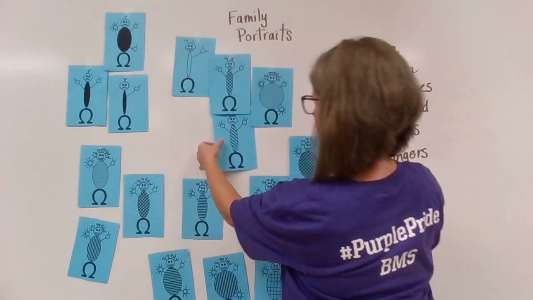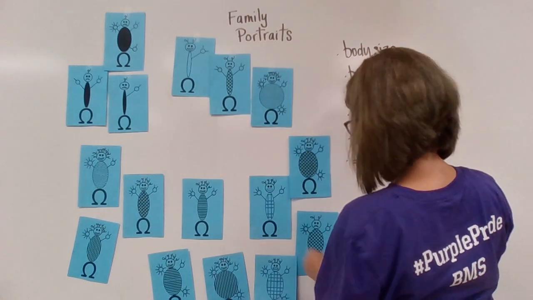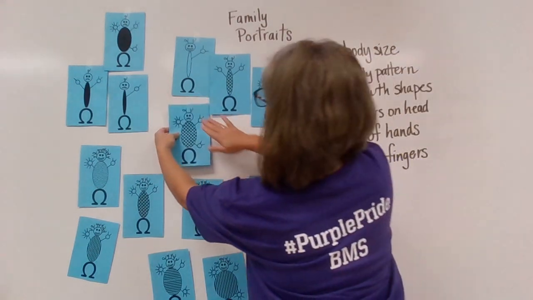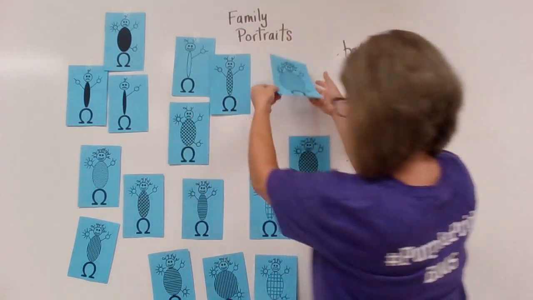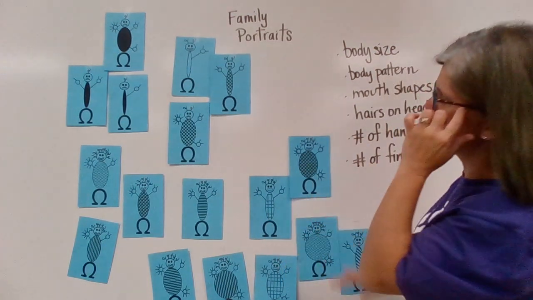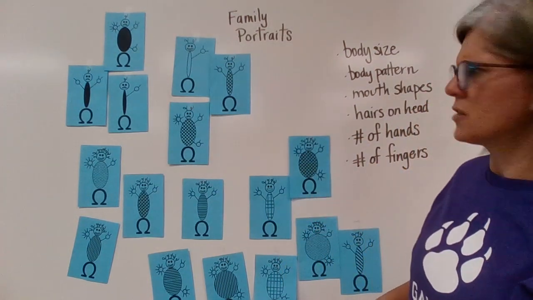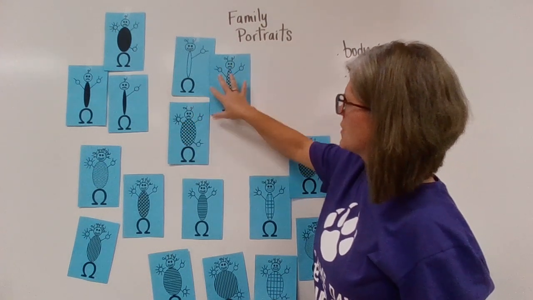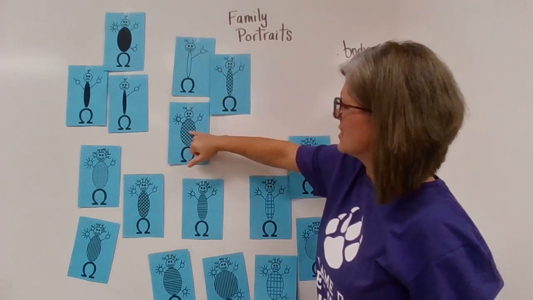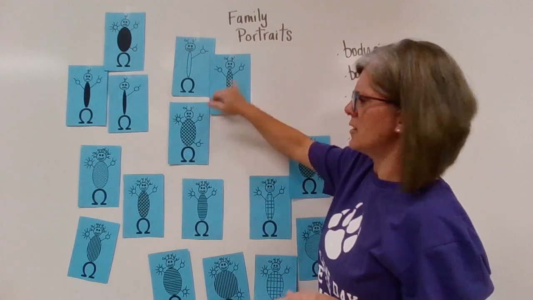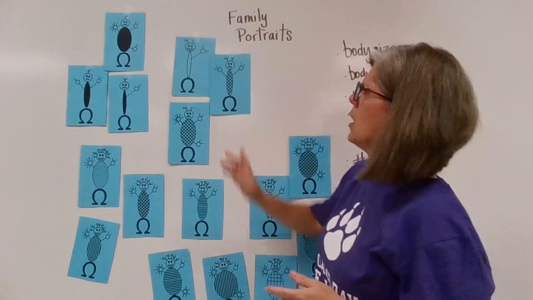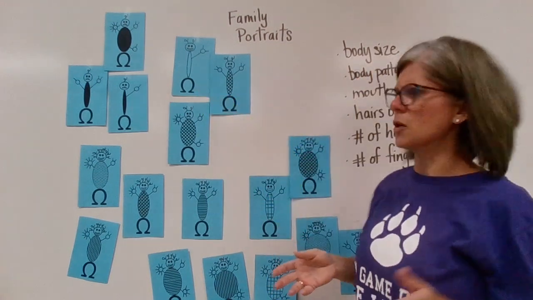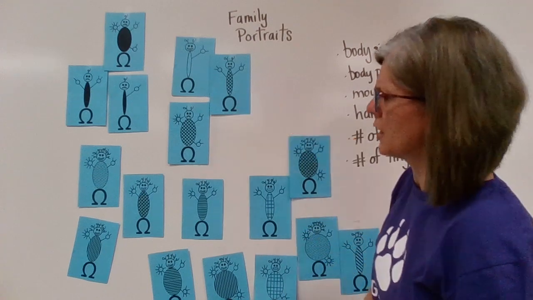Bring these down. And I see two hairs here. So now if I look at these individuals, I'll notice something too. These two have the same face, same amount of hairs, and same body design. They don't have the same body size. This one is unique though, so that's something to maybe keep in mind here.